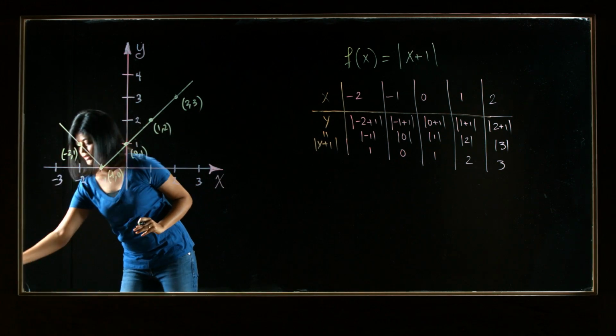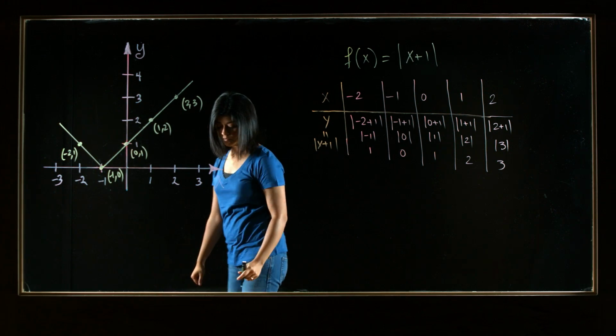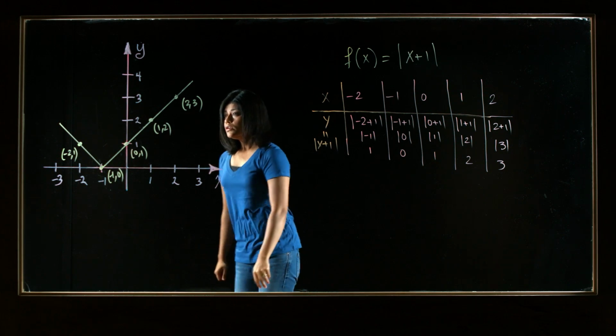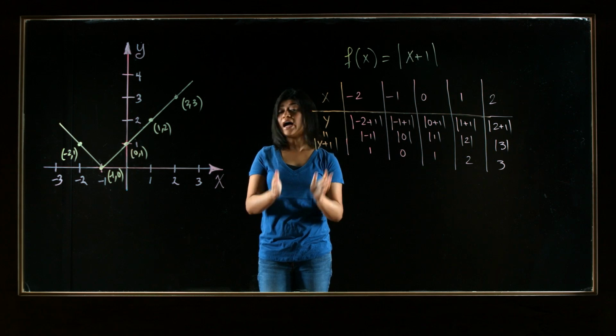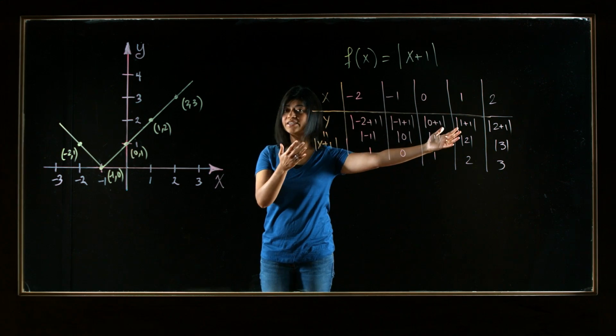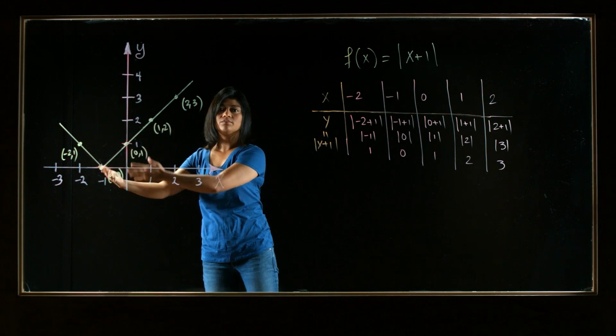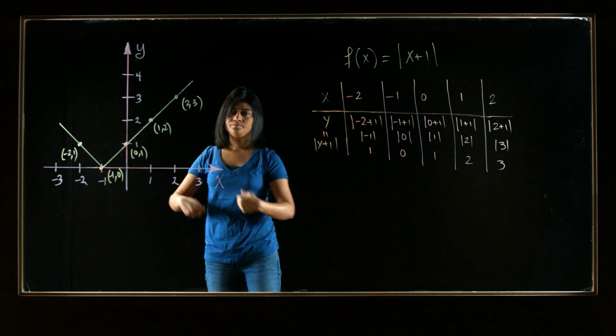So, it seems like that should be the graph of this function, absolute value of x plus 1. So, you get an idea of how to graph a function. You just make a table and then plot the points and then try to join the points.